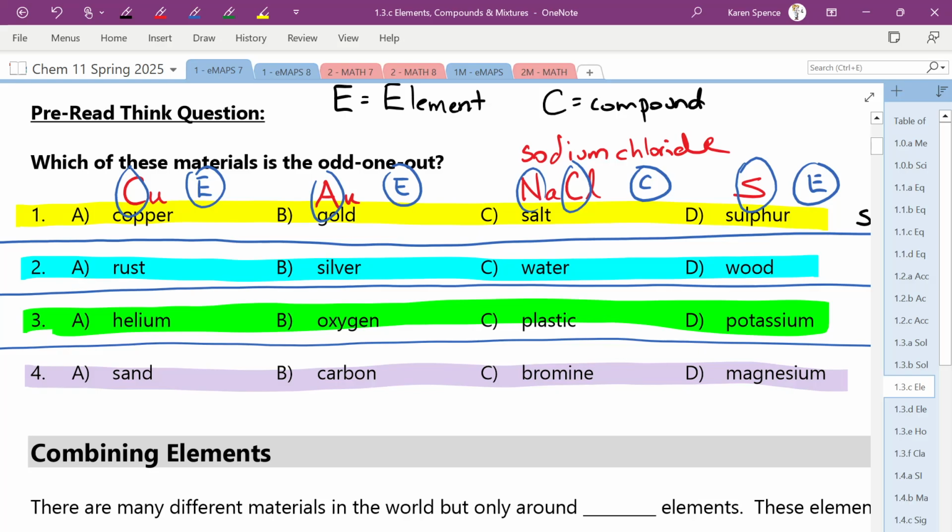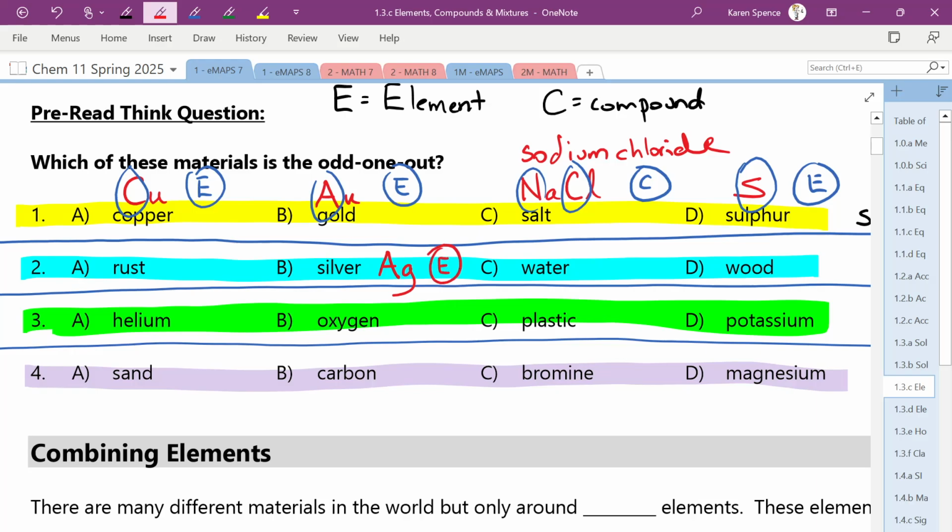In number 2, which one is the odd one out? Is it rust, silver, water, or wood? Silver, because silver, Ag, is an element.